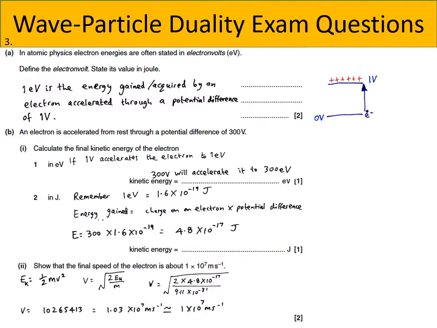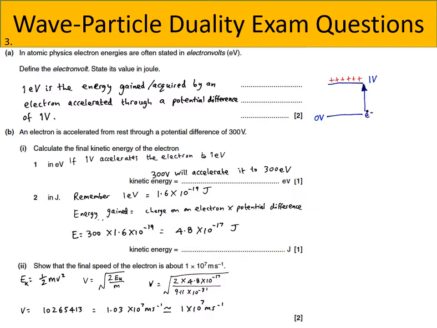So the value for v is equal to, we get on a calculator, 10,265,413 meters per second, which we can write down as 1.03 times 10 to the power 7 meters per second, which is approximately equal to 1 times 10 to the power 7 meters per second.